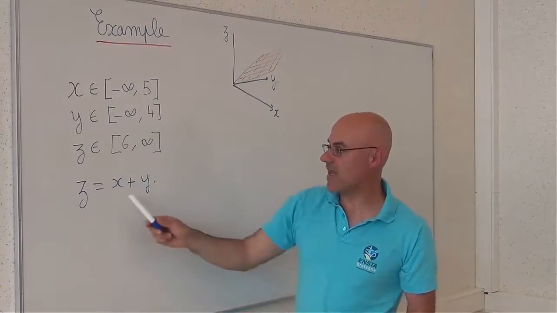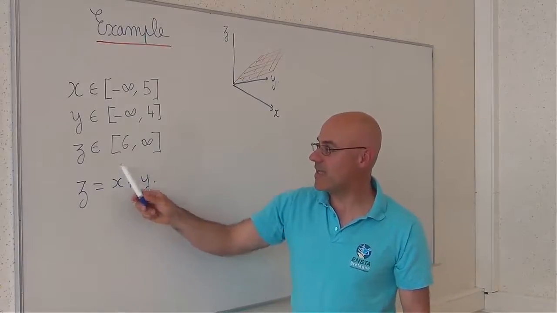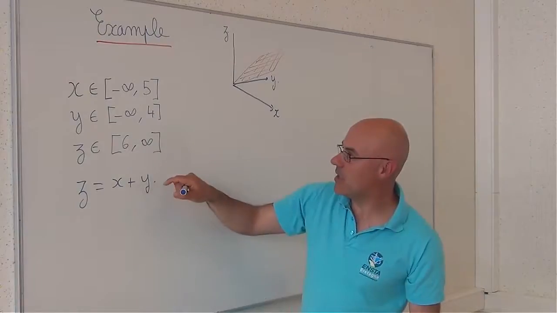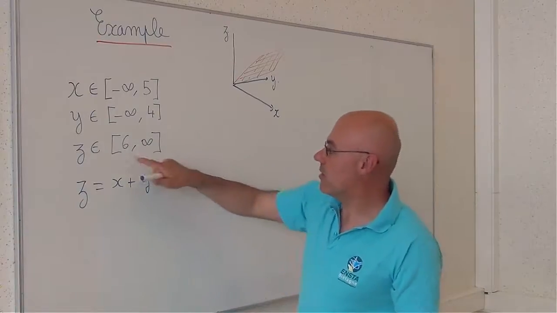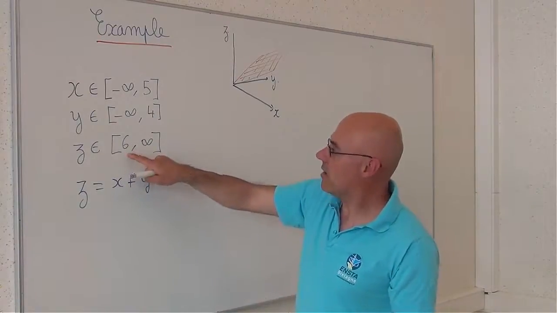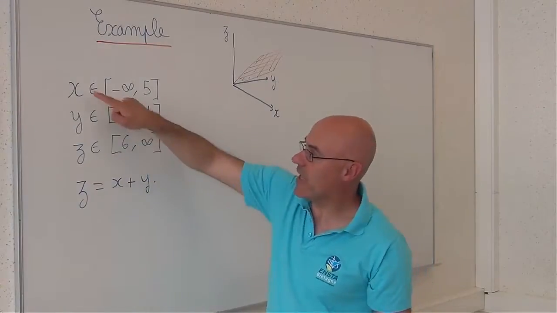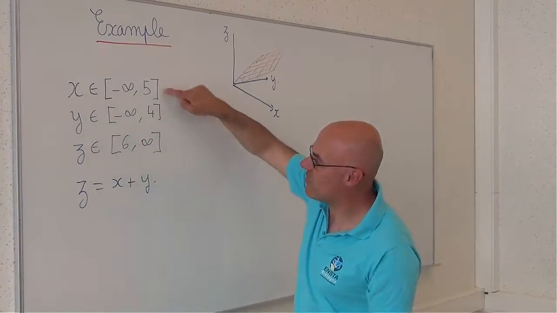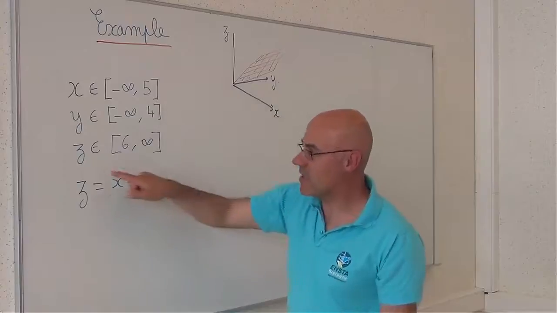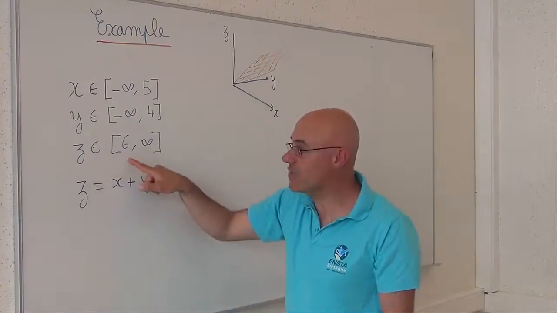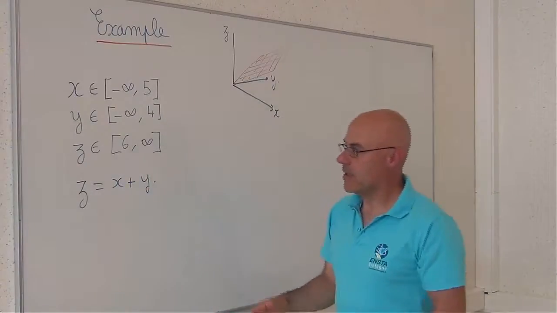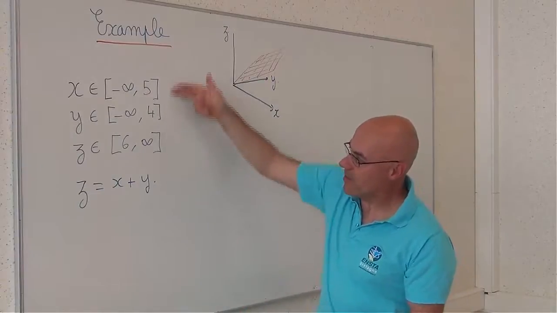For instance, I can see here that z cannot be equal to 10. Why? Because I cannot find x and y inside these intervals, so that z can be equal to 10. So what does it mean to contract these three intervals?